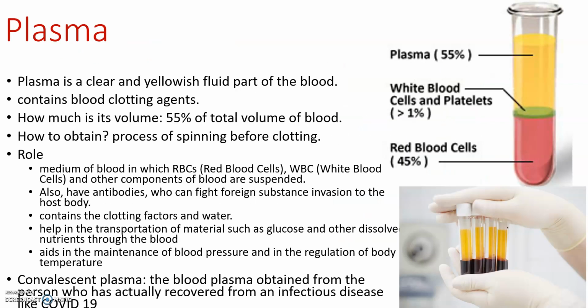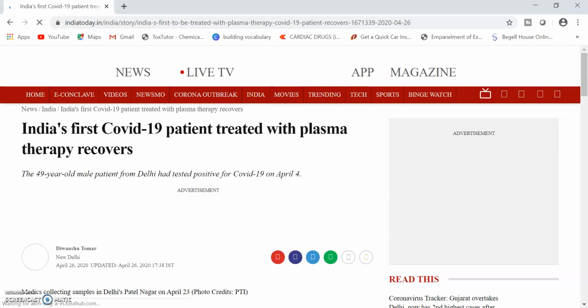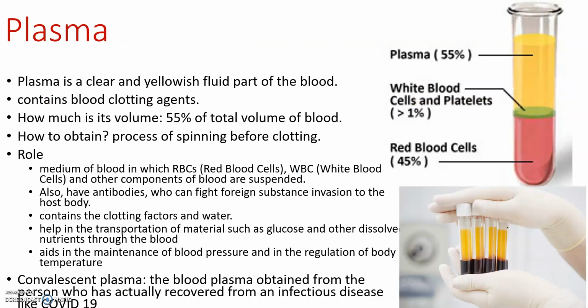So far we have learned a few terms about plasma therapy, which we must understand first before moving to the plasma therapy. First, plasma, the medium inside the blood, which is almost 55% of total volume of blood, and it is responsible for transportation of material and maintaining BP and temperature of the body.